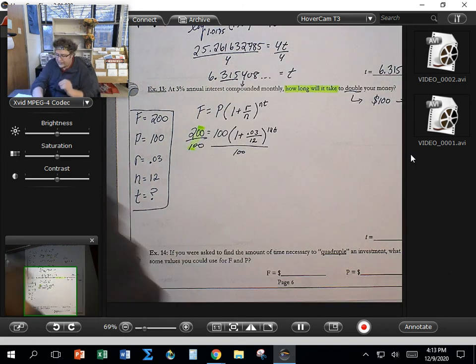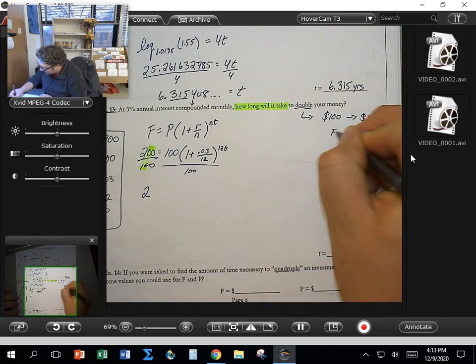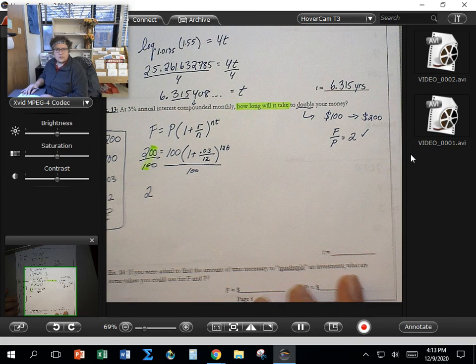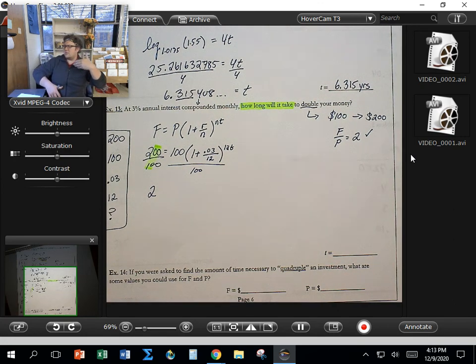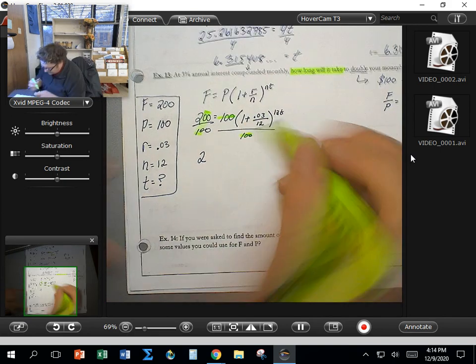So as long as you divided F by P and you get 2, you're all set. So that's why I say you could have chosen like 45 and 90. You could have been very obscure. But as soon as you divide the final value by the initial, it needs to have a ratio of 2. So by doing that, we got rid of the hundreds.